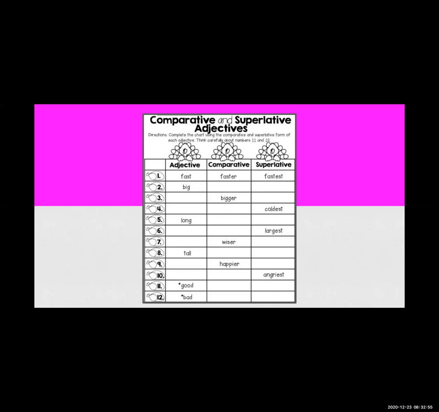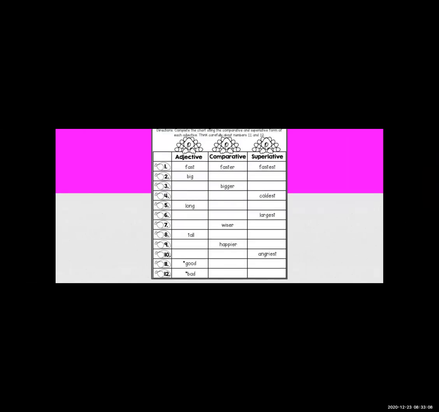Another exercise we'll do now. I hope you all are understanding this, because good and bad are very much exceptions, and they ask them in many exams. So you have to be very careful.